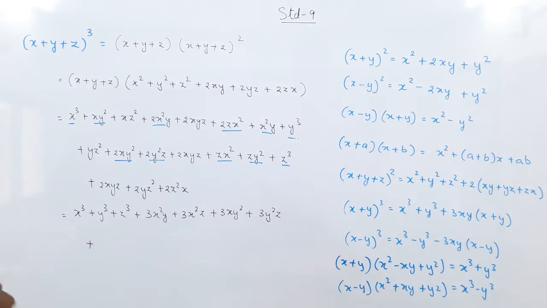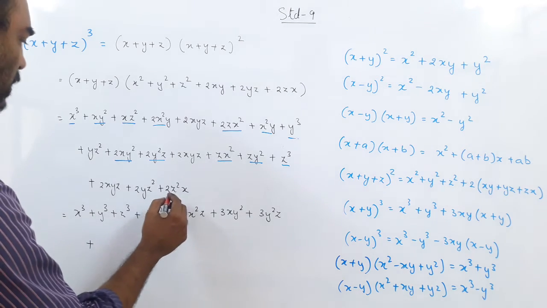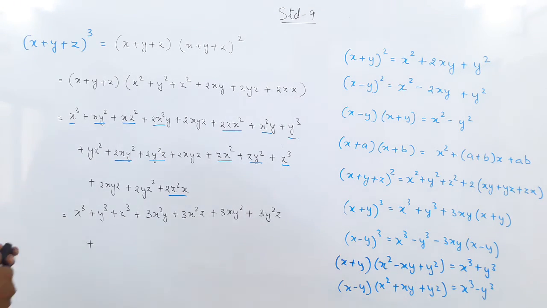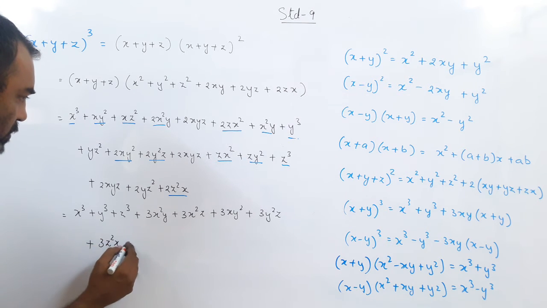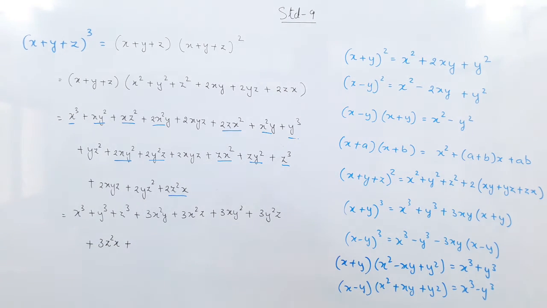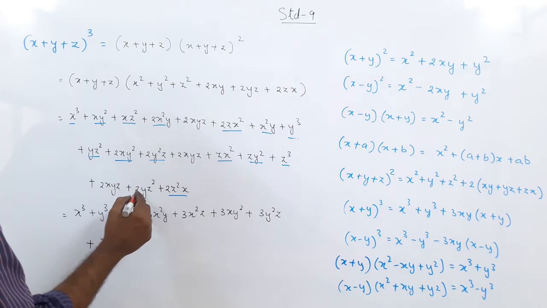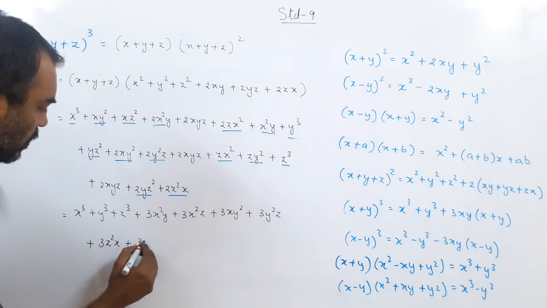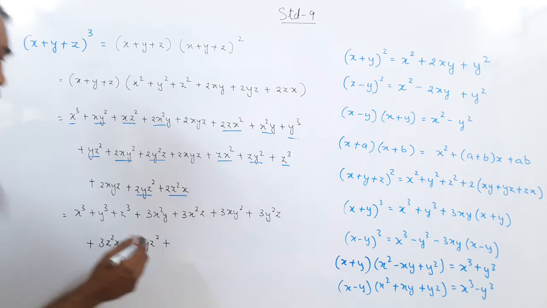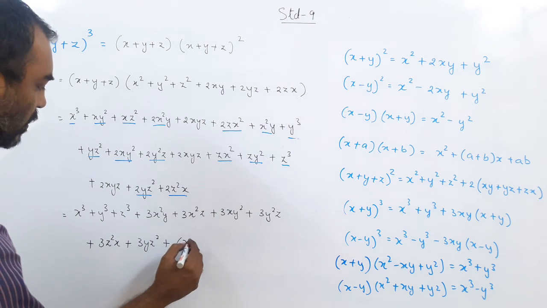Plus what remains now? xz² and the z²x gives me 3z²x or xz². Plus what remains now? yz² and yz², so 3yz². And the last thing, 2xyz, 2xyz, 2xyz gives me the 6xyz.